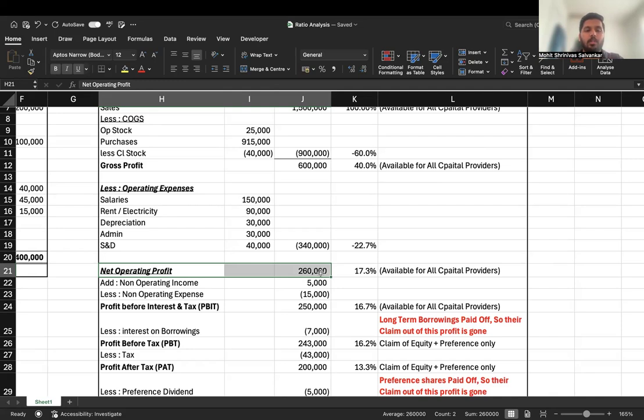Next comes, sorry, free cash flow. Okay, free cash flow. So free cash flow is, again we go back to the cash flow statement and we see the cash from operations part of it. And on the cash from operations part, whatever cash we have generated out of that operations, we set aside certain amount for future expansion.